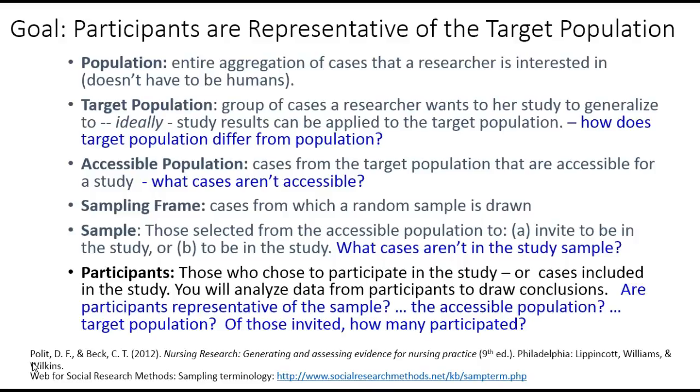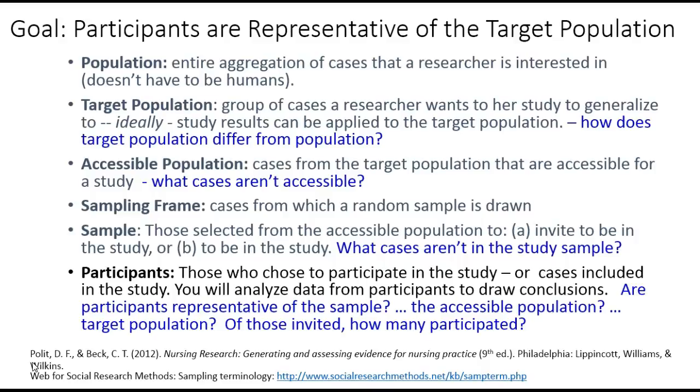One thing to consider has to do with how many participated. You might invite 100 people to participate in your study, but if only 30% participate, that means you're missing 70% of your target population. Sometimes you can get response rates as low as 10%.